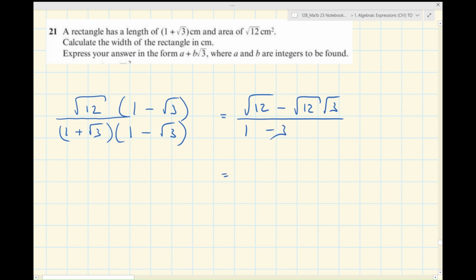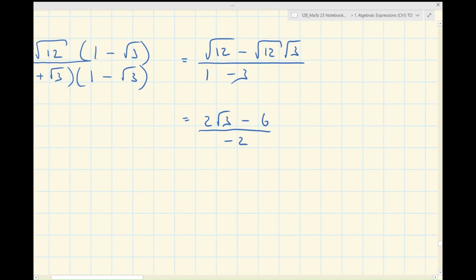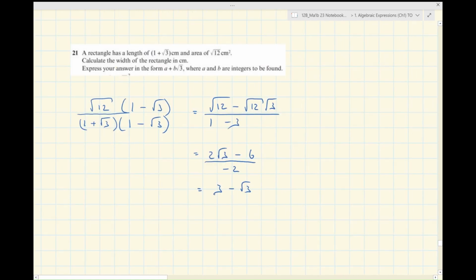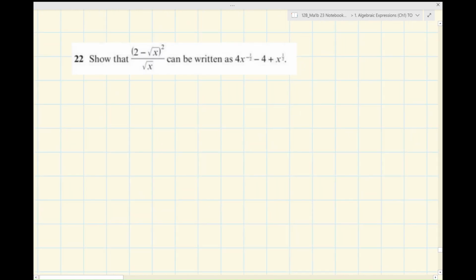So I'm going to be left with root 12, which, by the way, is 2 root 3, minus, well, root 12 times root 3 is root 36, so that's 6, all over minus 2. So I simply have to divide the numerator by minus 2. So my answer is going to be 3 minus root 3. Okay, 21 done.